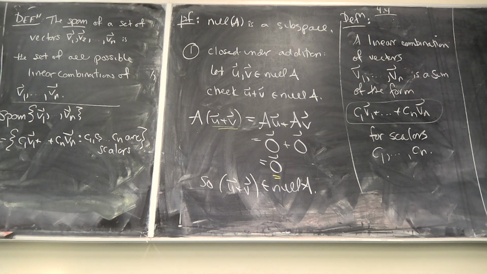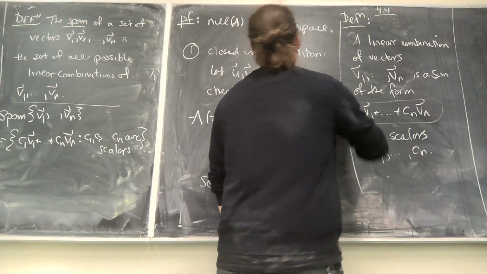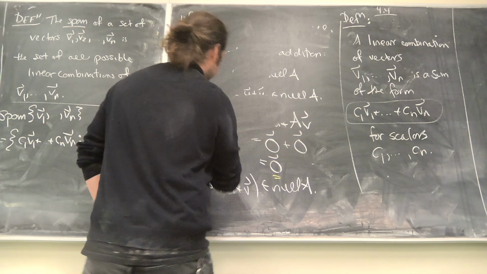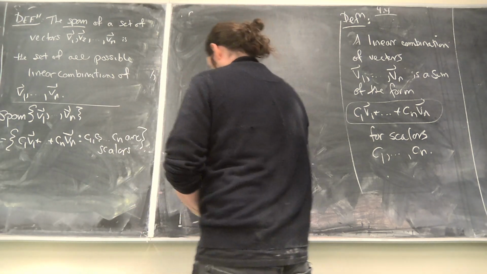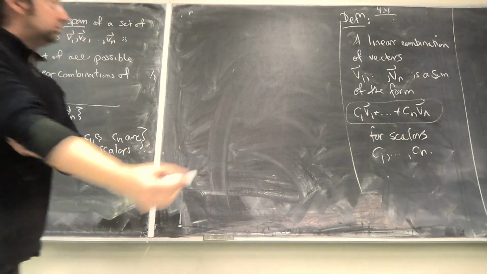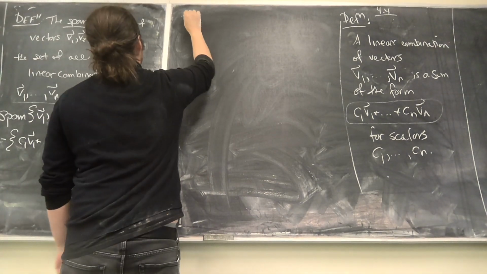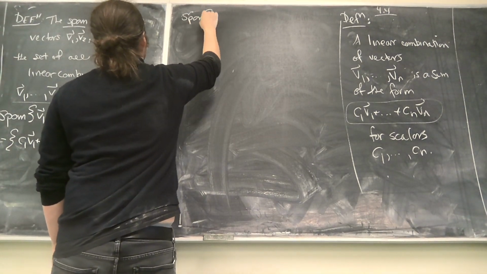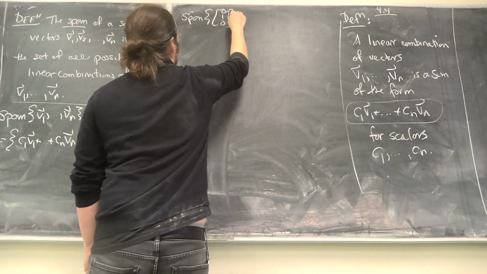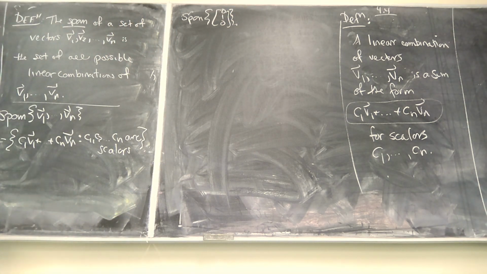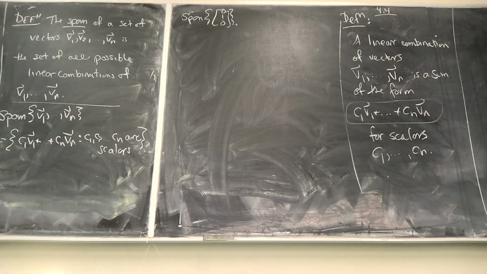And I'm going to write down some concrete versions of this now. This is pretty abstract. So for example, I might ask you, what is the span of the vector 0, 1, 0? And the way you think about it is every possible linear combination of that one vector.